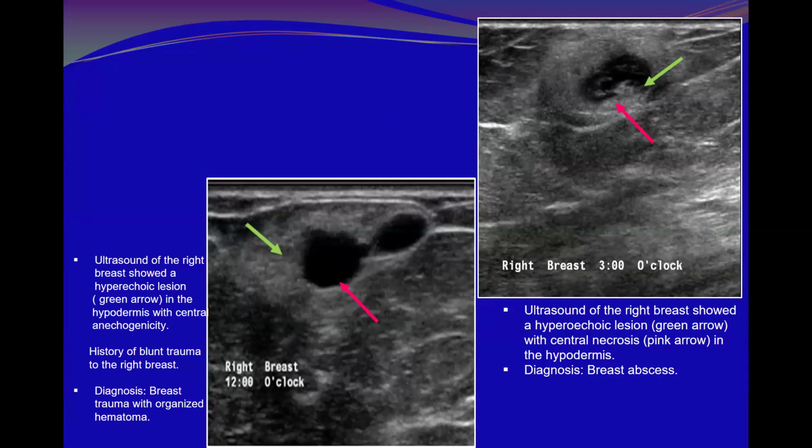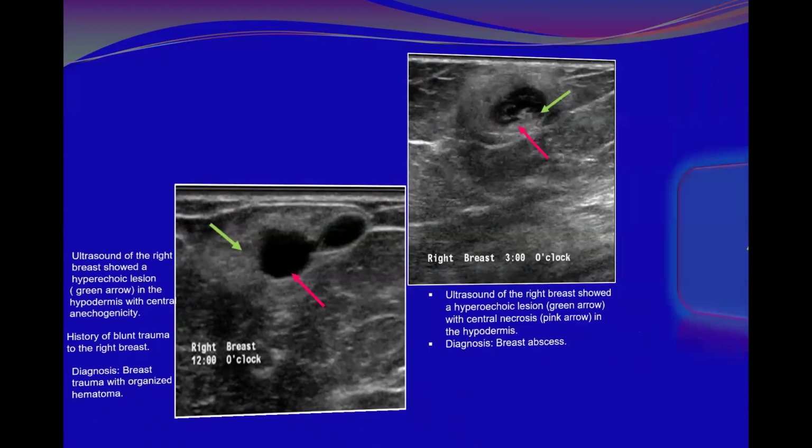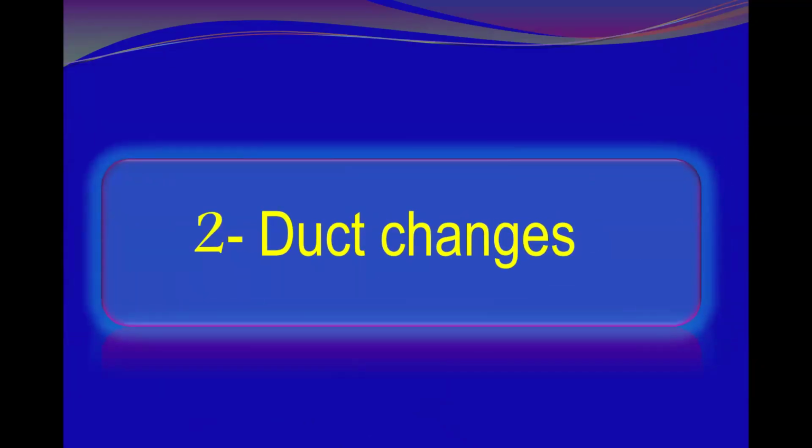And here we can see another two examples from the literature of a benign etiology of thick echogenic rind. In this case, it was a breast abscess. And in the other example here, we can see a central cystic area surrounded by a large hyperechoic area in a case of organized hematoma.